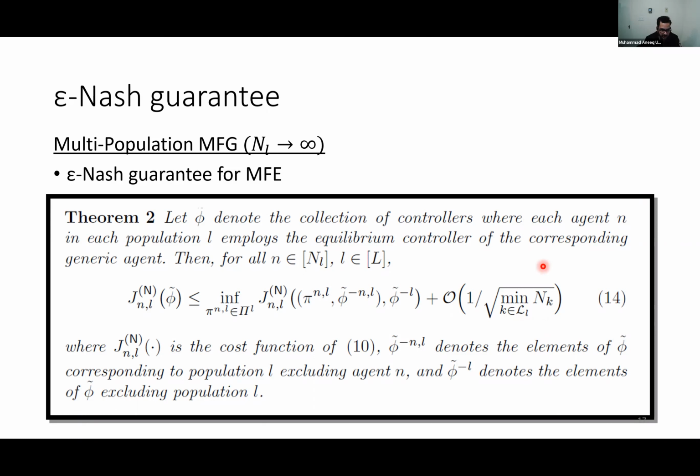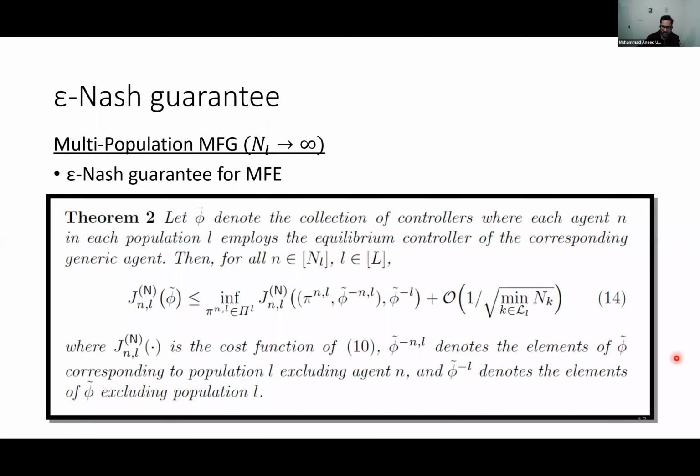For each agent n in population L, the epsilon will be a minimum over the number of agents in the neighboring populations, where the neighboring populations also include the agent's own population. Basically, if the number of agents in the neighboring populations goes to infinity, then the mean field equilibrium will approach the Nash equilibrium.